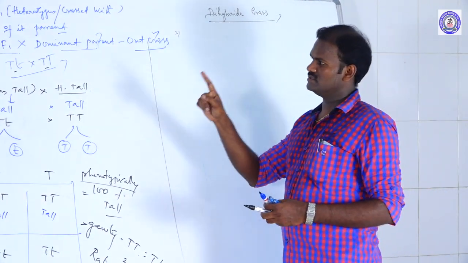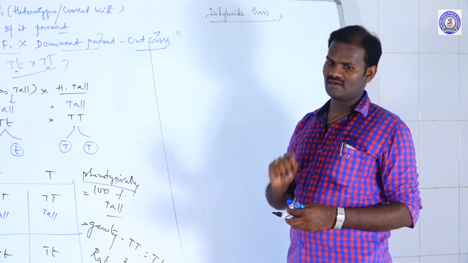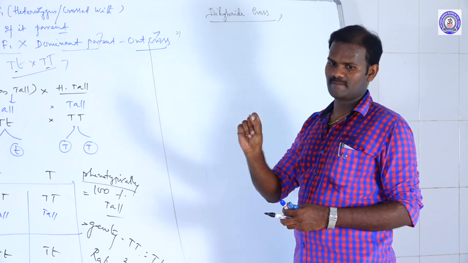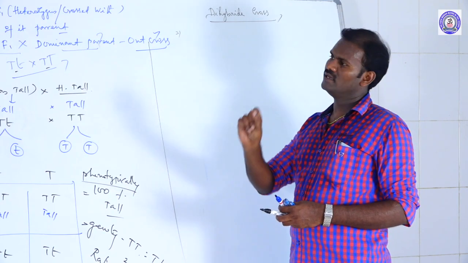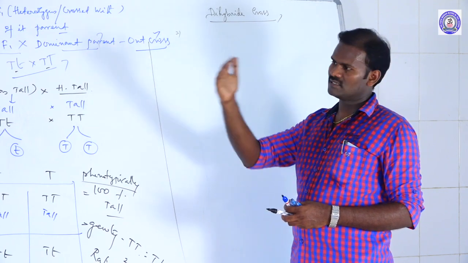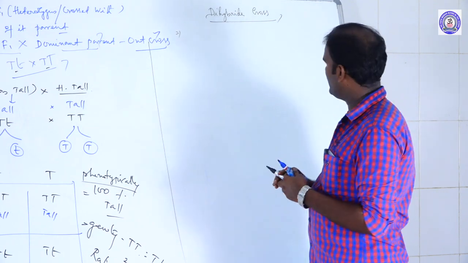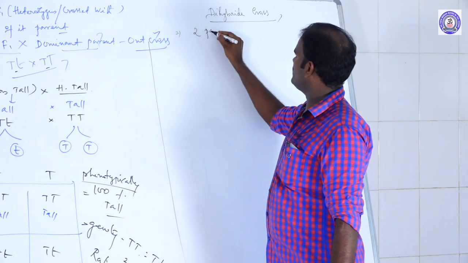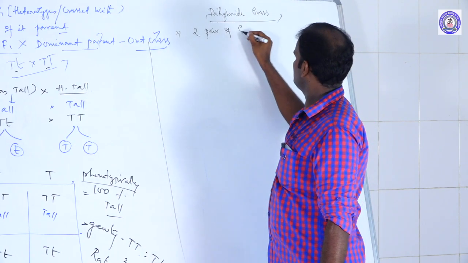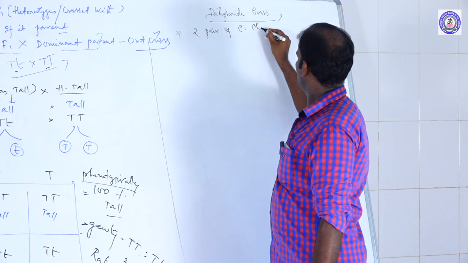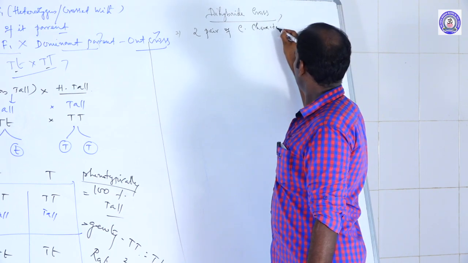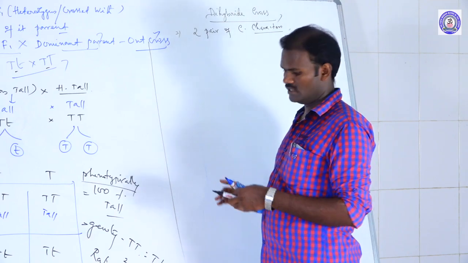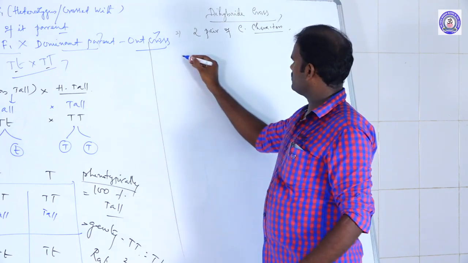In the monohybrid cross, Mendel selected only one pair of contrasting characters, stem height, with two opposite characters, tall and dwarf. But in the dihybrid cross, Mendel selected two pairs of contrasting characters.